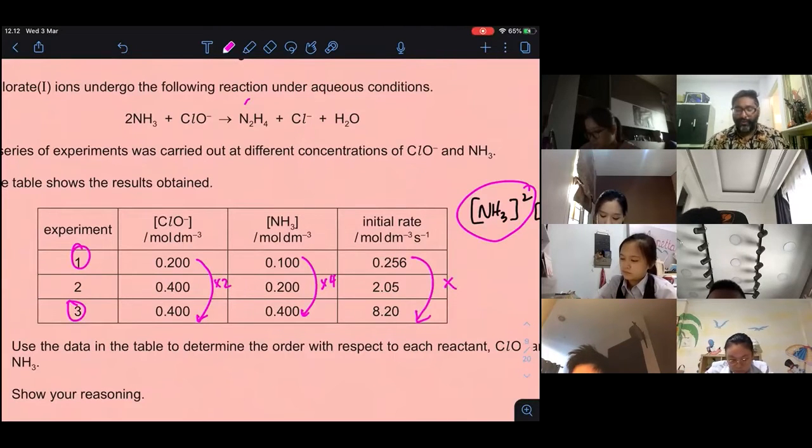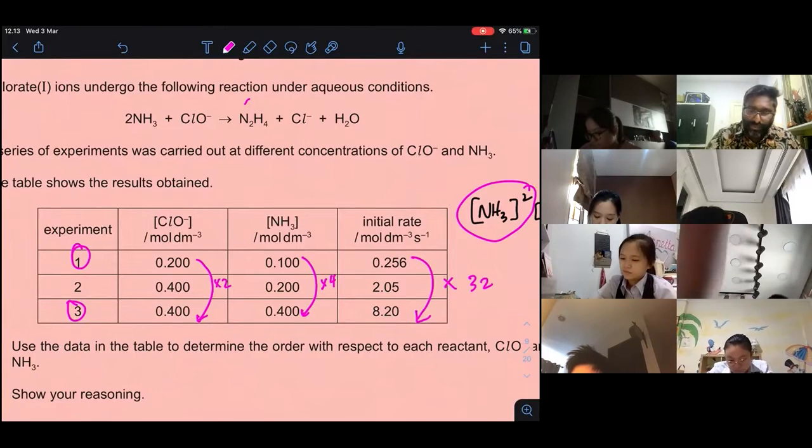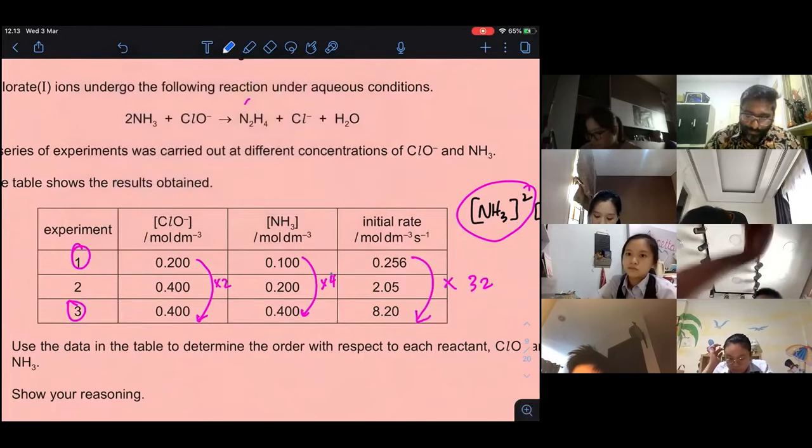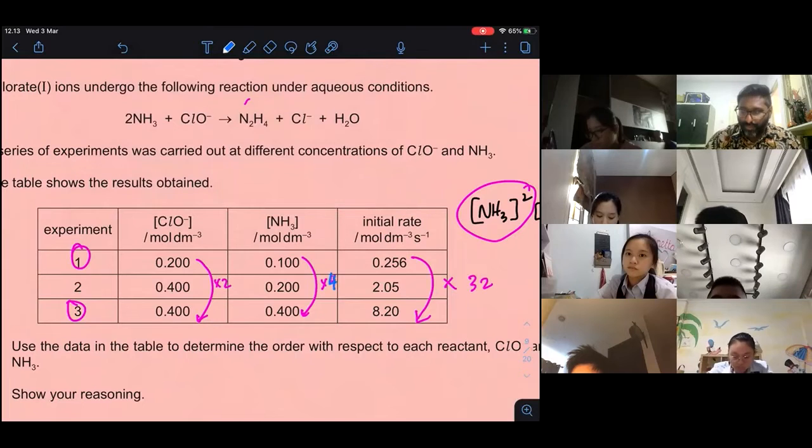So 8.2 divided by 0.256, I'm going to get 32. And I know that ammonia is second order. So if this is times by 4, it is supposed to be times by 4 to the power of 2, which is 16.